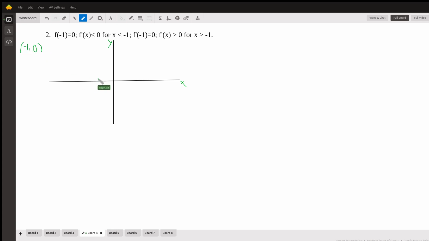So I'm going to go here to negative 1, right? So we're on the x-axis. So I'm going to put a point here. So f prime of x, the first derivative, deals with it increasing or decreasing. It's less than 0. So it's going to decrease when x is less than negative 1, right?